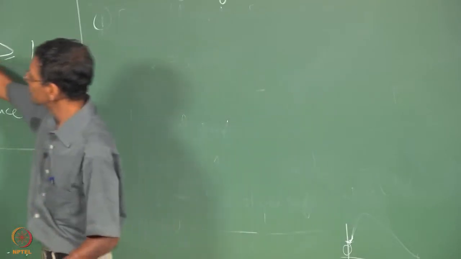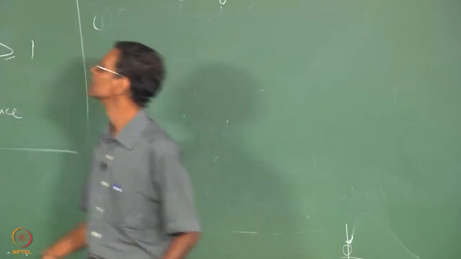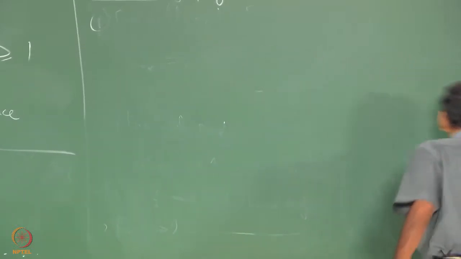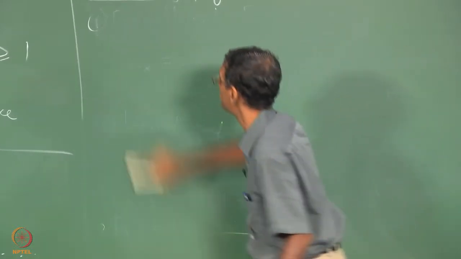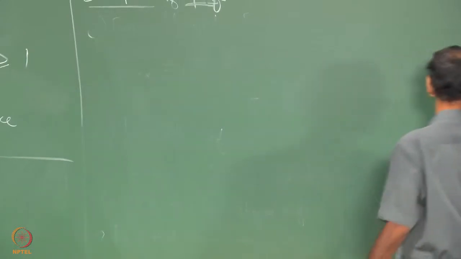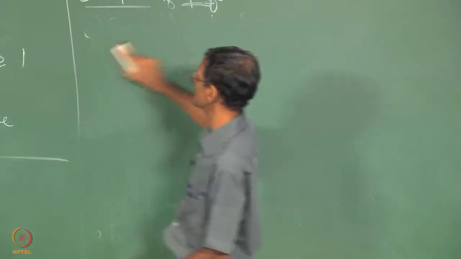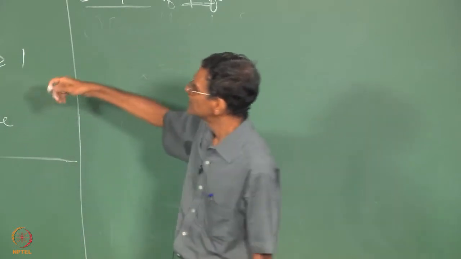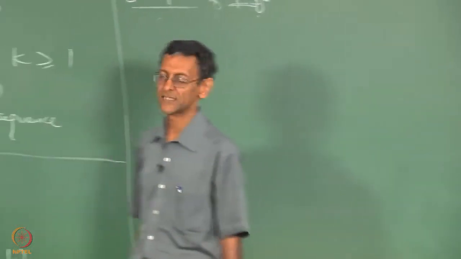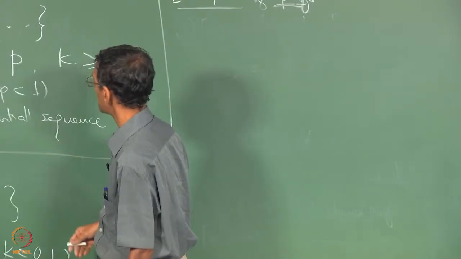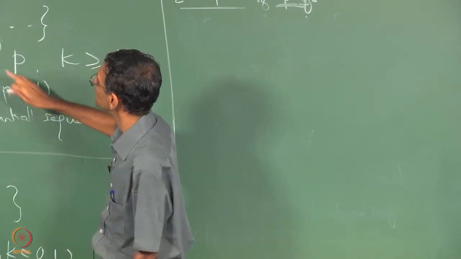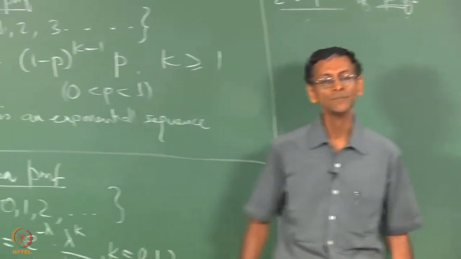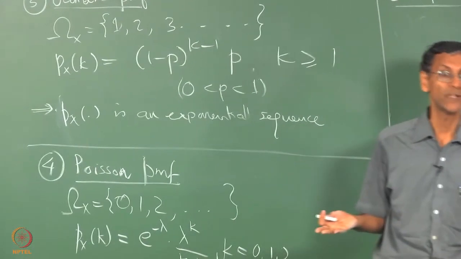So these two, Poisson and geometric, are our first introduction to countably infinite sets, where we are defining a PMF over a countably infinite set of numbers. In both cases, you notice that as k goes to infinity, Px of k must go to 0, or otherwise it cannot add to unity.